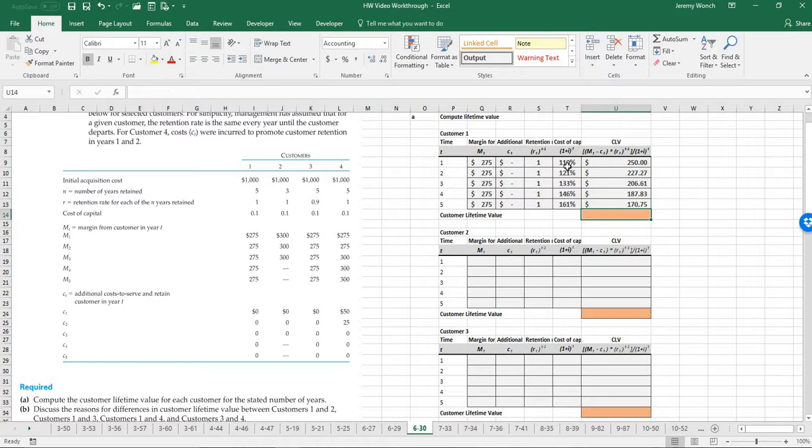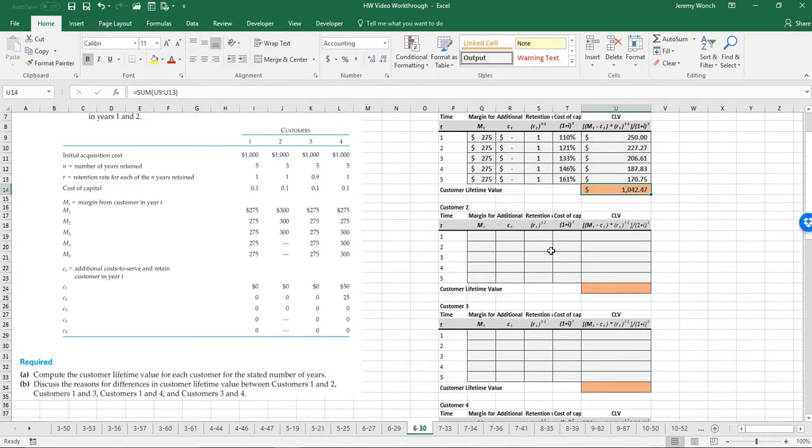Just carry our formula down. And so we have a customer lifetime value of $1,042. So let's do just the same thing with the rest.